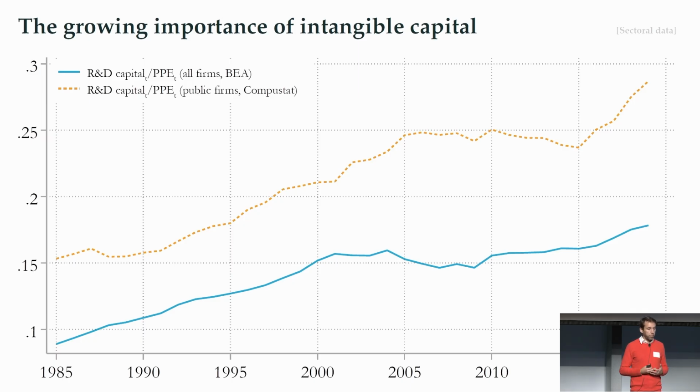The blue is aggregate data. The dashed is just the aggregated data from only public firms in the US. What I want you to get from this is just that this ratio has been on the rise, suggesting that firms are increasingly reliant on these types of assets.